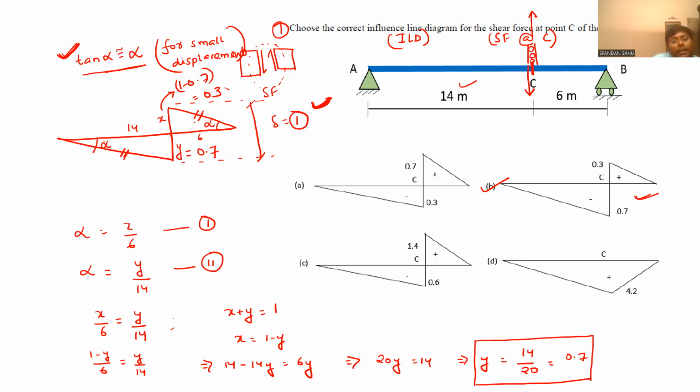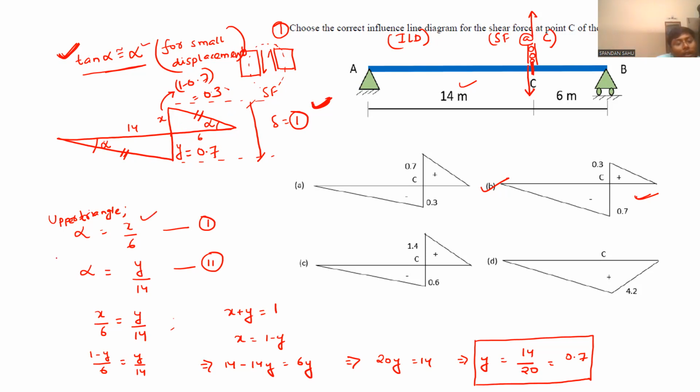So for this upper triangle, when you write tan alpha, it will be x by 6, right? And tan alpha equal to alpha is not an assumption, it is from geometry only. Tan alpha will be equal to alpha for small displacements or small rotations. So it will be x by 6.